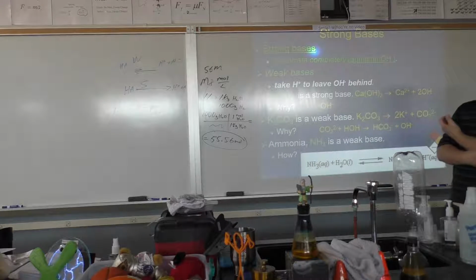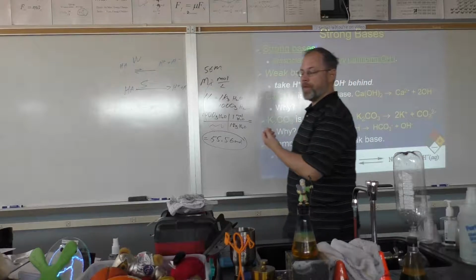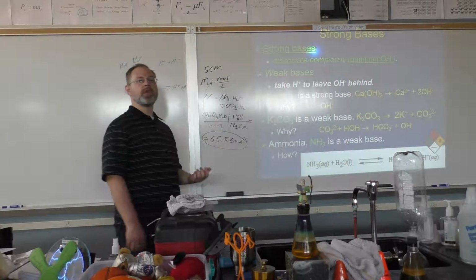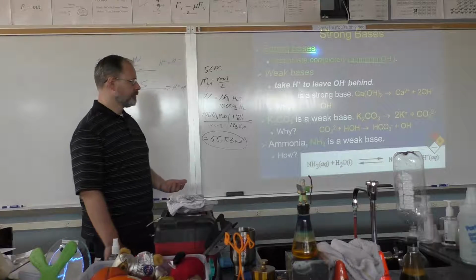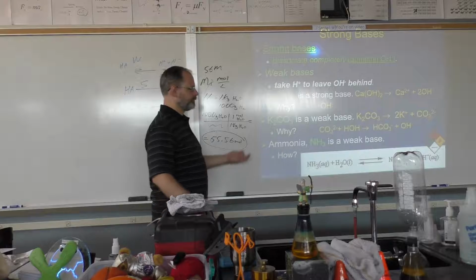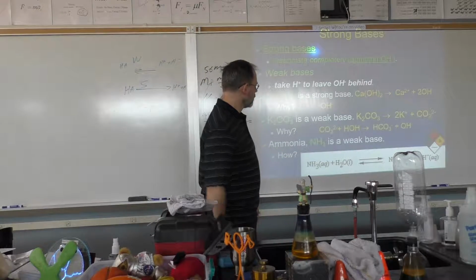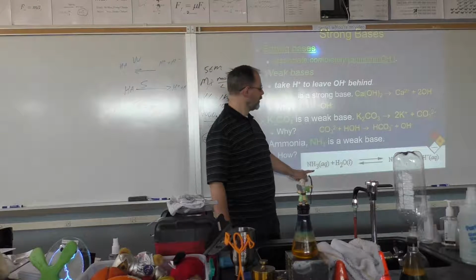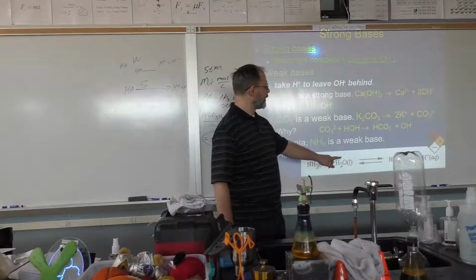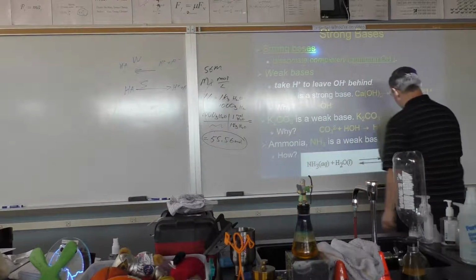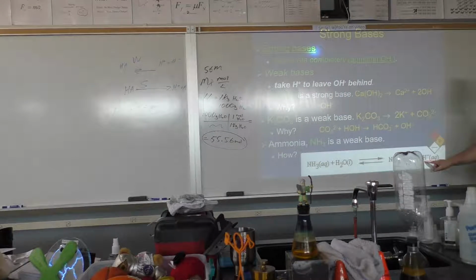Okay. So another classic weak base is ammonia. When NH3 is bubbled through water, it forms ammonium hydroxide, which is then in equilibrium with hydroxide and ammonia. So when the ammonia molecule is in the presence of water, you get an equilibrium relationship where you get a molecule of ammonium hydroxide.